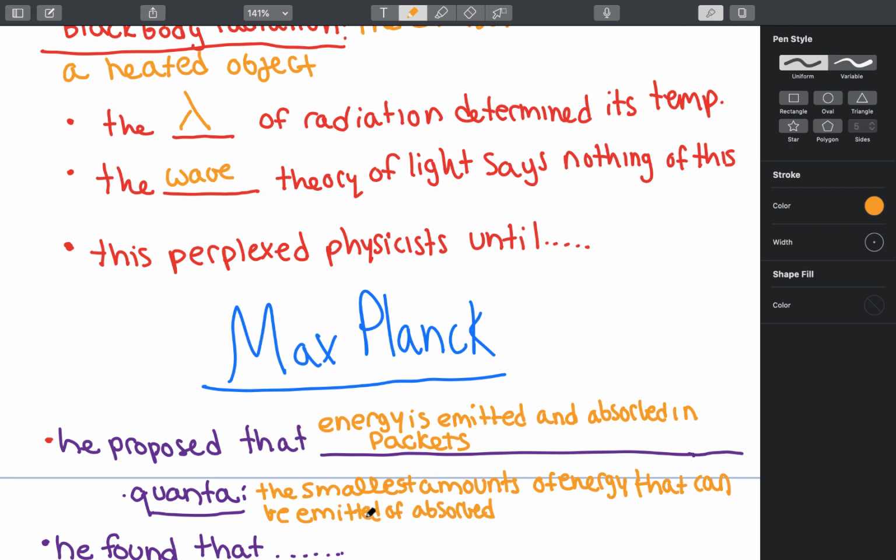So he basically proposed that energy is absorbed and emitted in these discrete packets of energy.